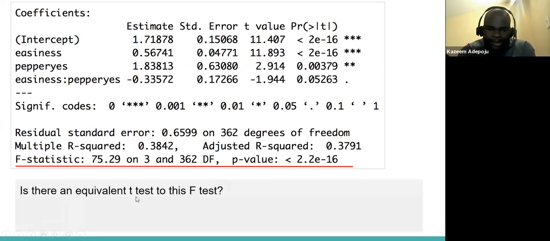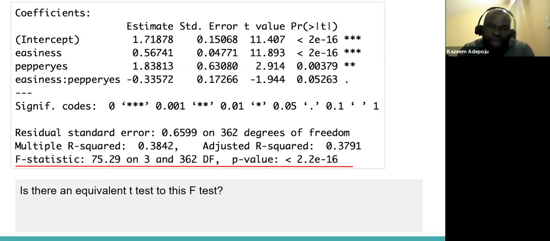Now, the question we want to ask right here, is there an equivalent t-test to this F-test? That is the one I underline here. The other time, we looked at the equivalence between the t-test and F-test when you are carrying out a significance test on beta 1.